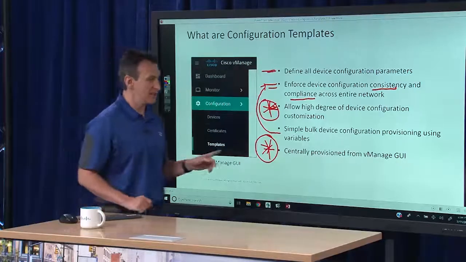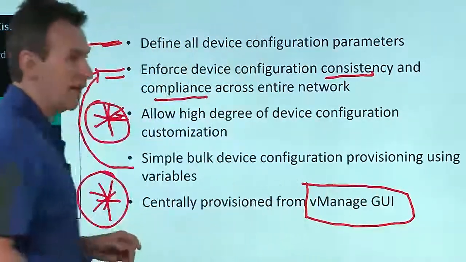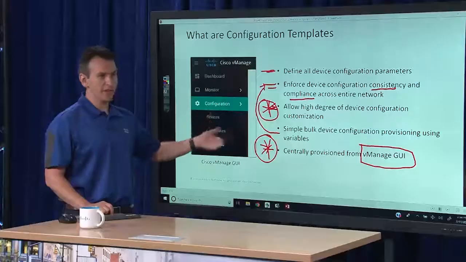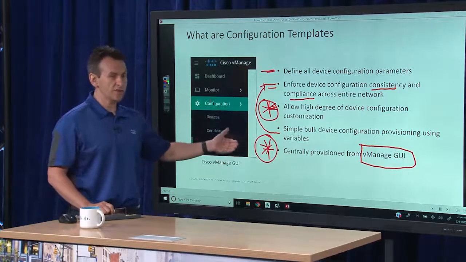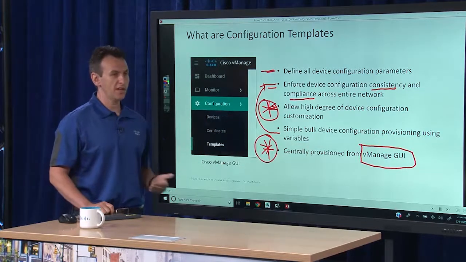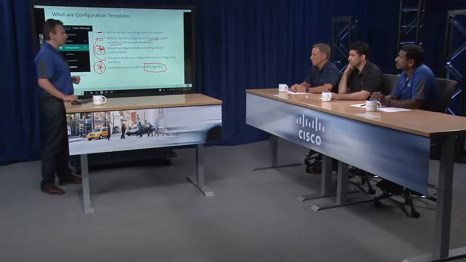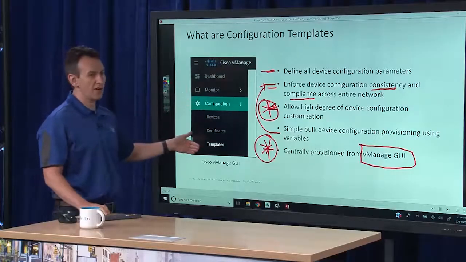We always treat the vManage graphical user interface as a single pane of glass for any operational tasks performed against the Cisco SD-WAN fabric. So as you are using vManage as the single pane of glass, you want the configuration tasks done from the same user interface, and that's exactly what we're doing. Everything is rolled out from the configuration section of the vManage graphical user interface.